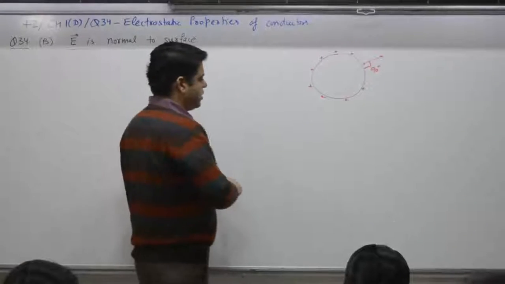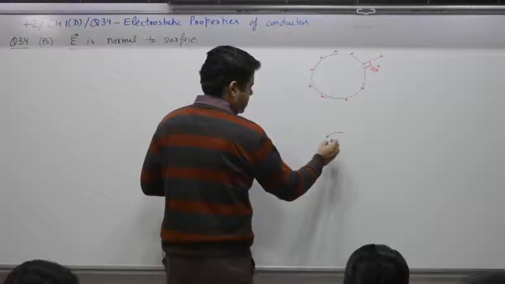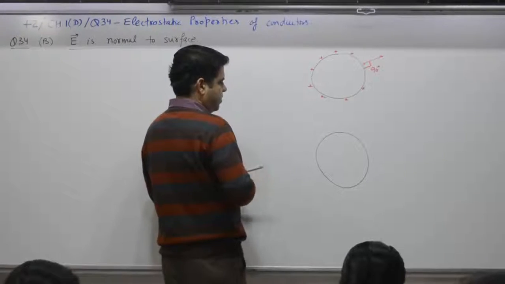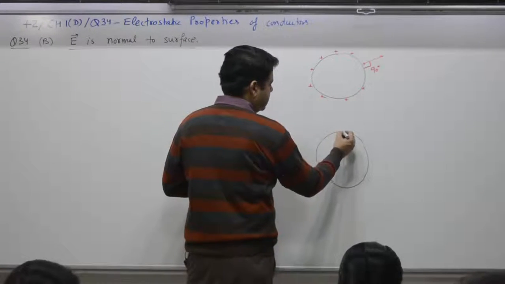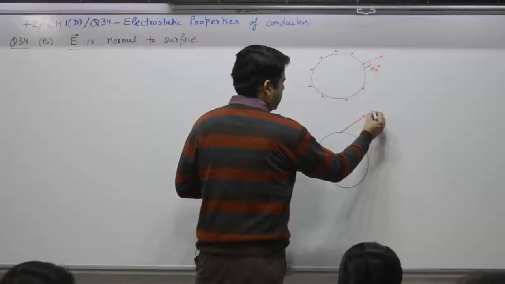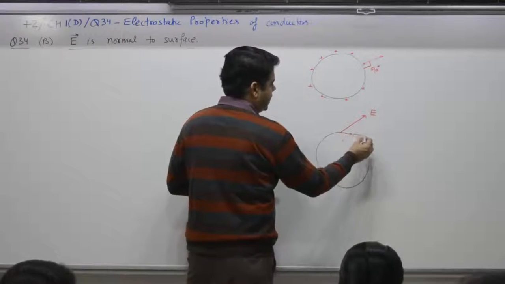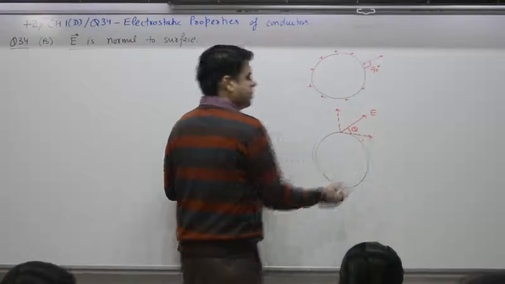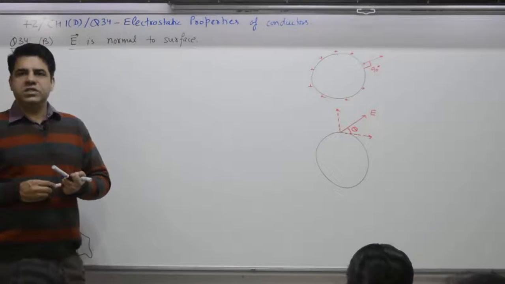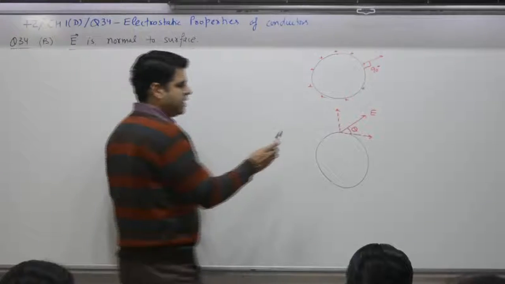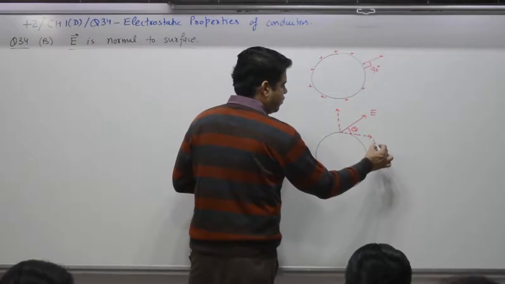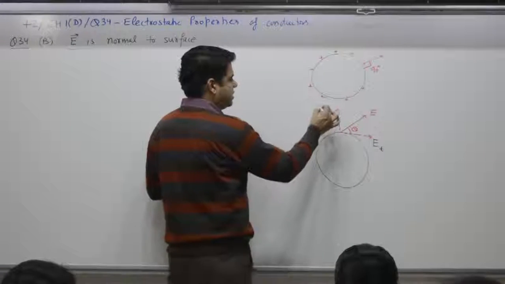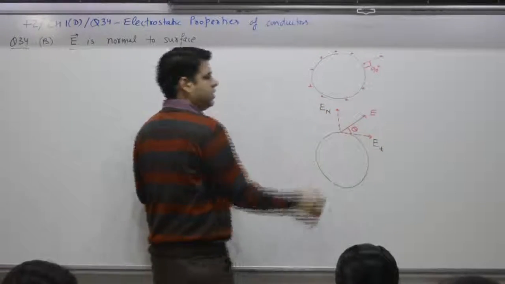Let us assume E is not normal to the surface. E is at a certain angle, say theta. If it is inclined at an angle, it will have two components, E tangential and E normal.